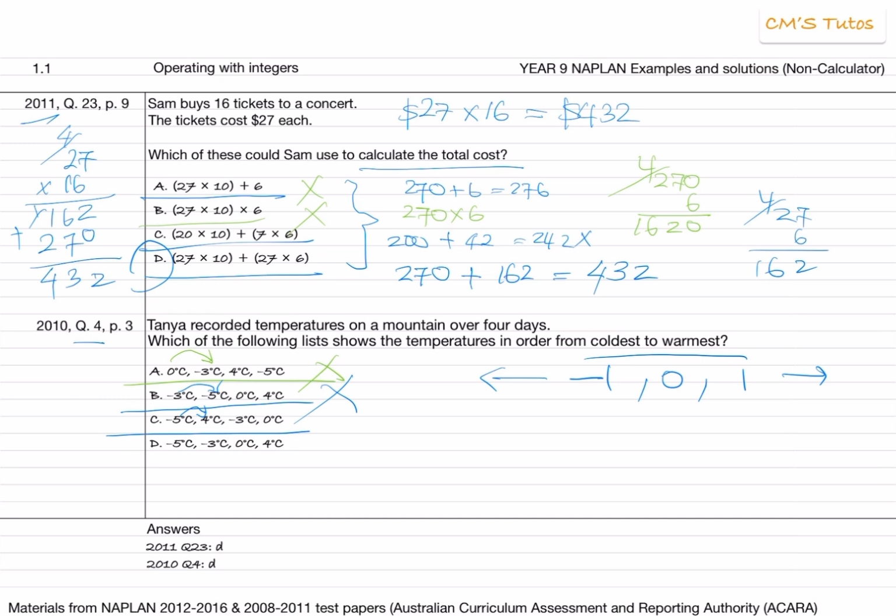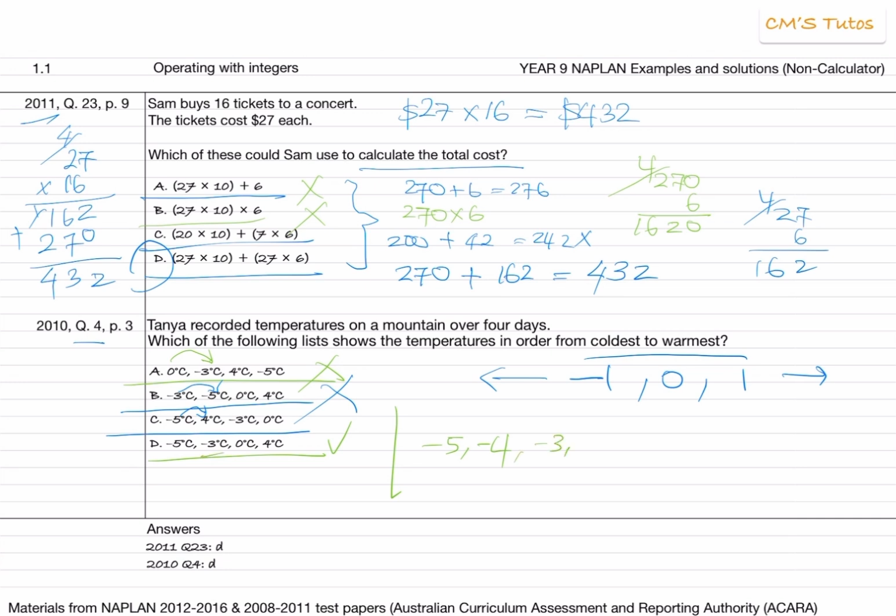What about option D? Let's have a look at D. Minus 5, minus 3, 0, and 4. Yep, this is the one. Why? Because I'm looking at minus 5, and then after that, before minus 5 comes minus 4, minus 3.